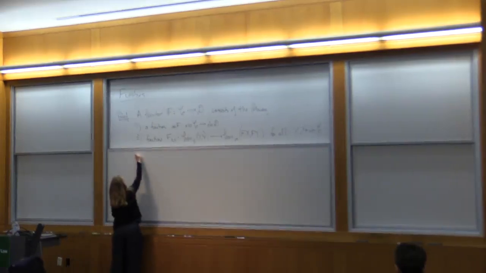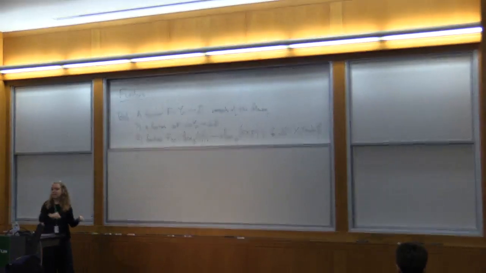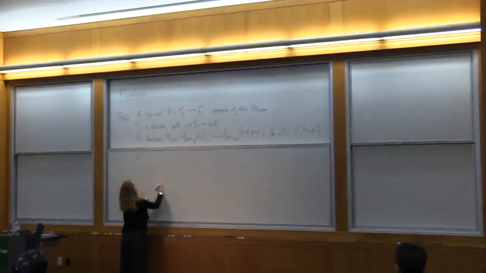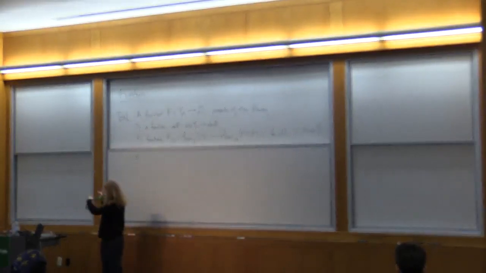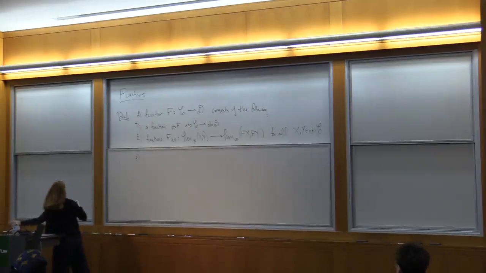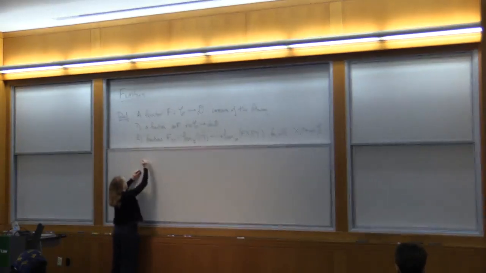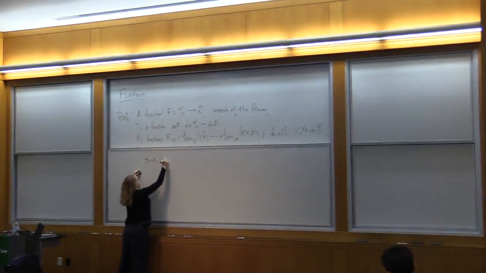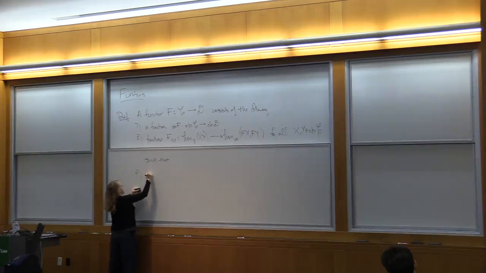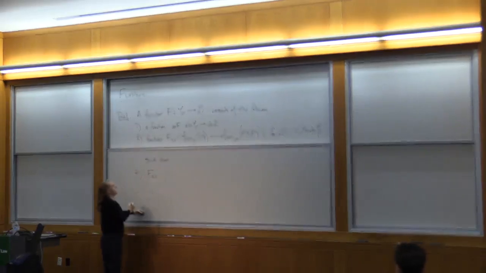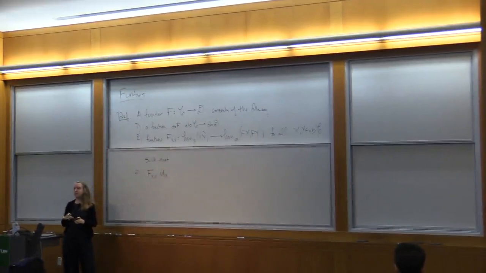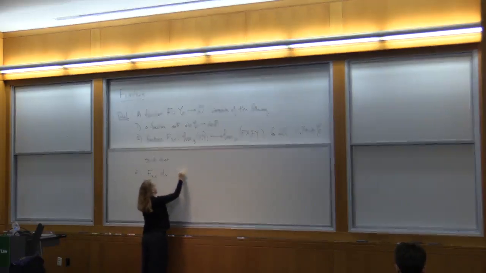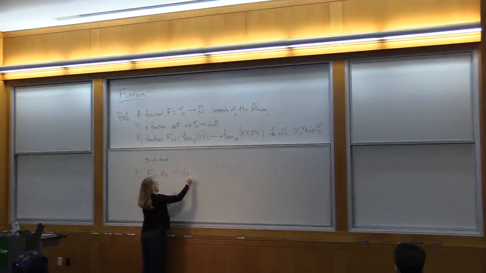So we want to also map the identity morphisms of C to the identity morphisms of D. So maybe actually I should write such that if we map the identity on some object X in C, we want that to be the identity on F of X.